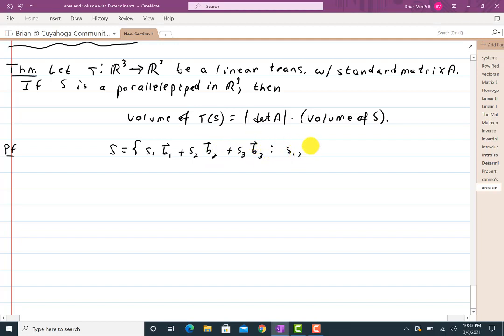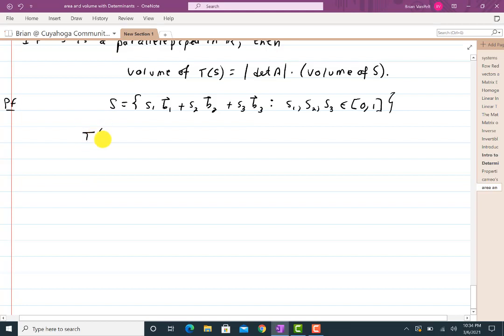And once I say that S1, S2, and S3 are in 0, 1, then you are physically creating a parallelepiped. A parallelepiped has parallel sides and things of that nature, but every single face of a parallelepiped is a parallelogram. And as before, T of S is going to be the same thing. Because T is a linear transformation, I can slide all the scalars out front like so.